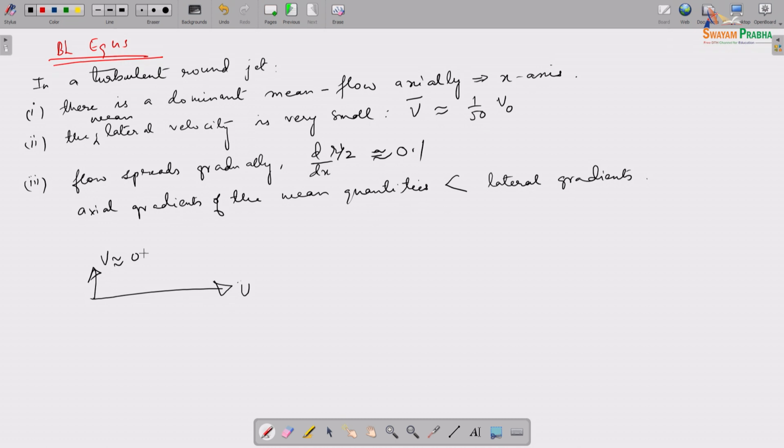The gradients of quantities in the lateral direction are larger compared to the gradients in the x axis. For these reasons, these exact same features are also applicable to a boundary layer.